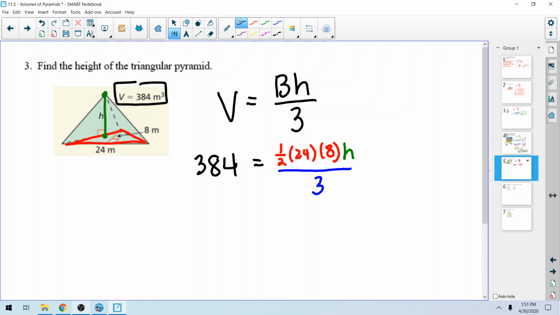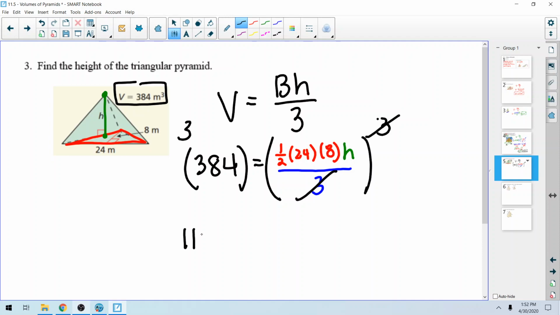Okay, first thing I'm going to do is multiply both sides by 3. So those will cancel. And then I'm going to take 3 times 384, which is 1152, equals 1/2 times 24 times 8 times h.